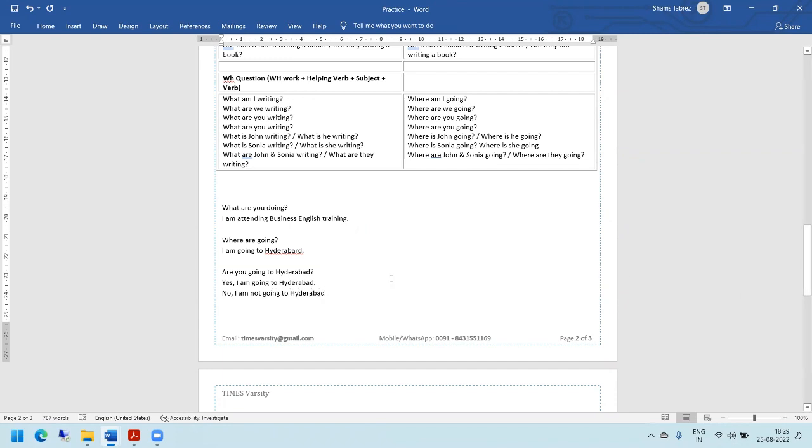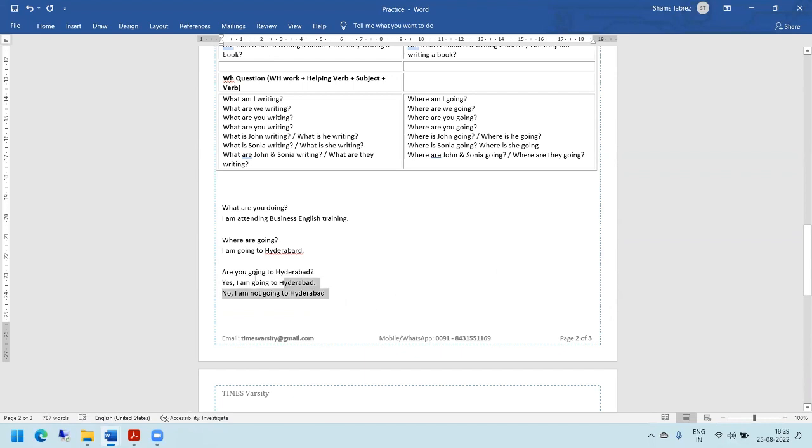So this is a simple question, and the answer may be affirmative or negative, but it is in present continuous. The simple question is in present continuous, and the answer, whether affirmative or negative, is also in present continuous.